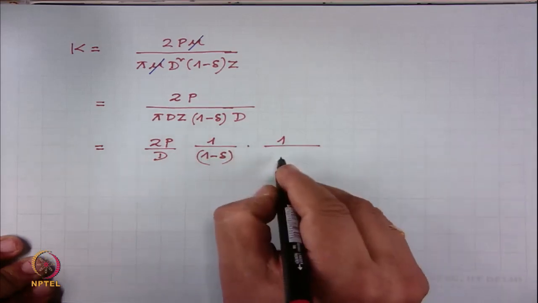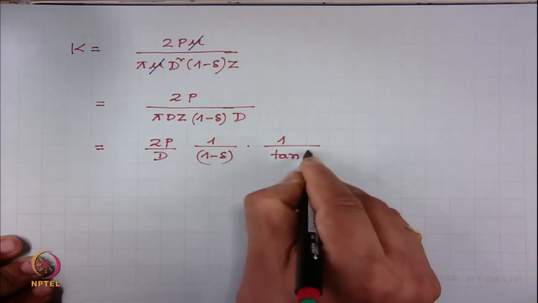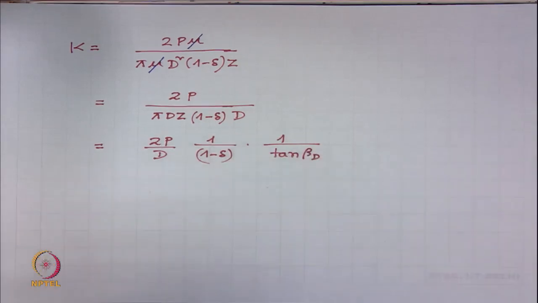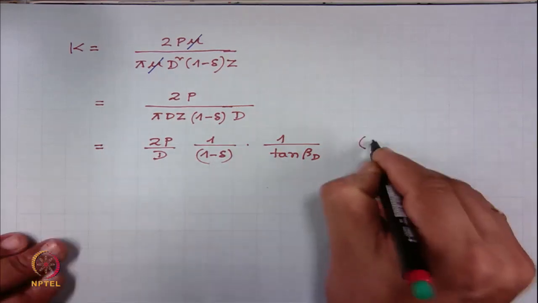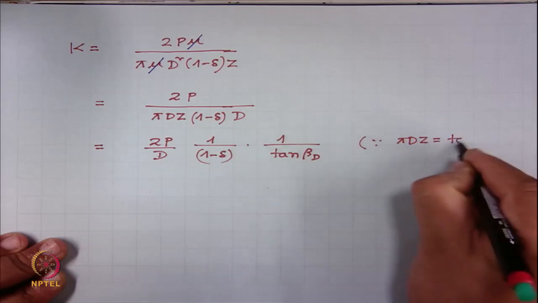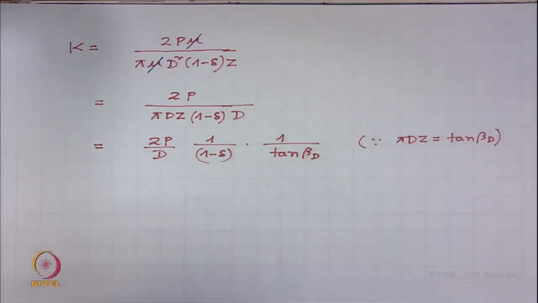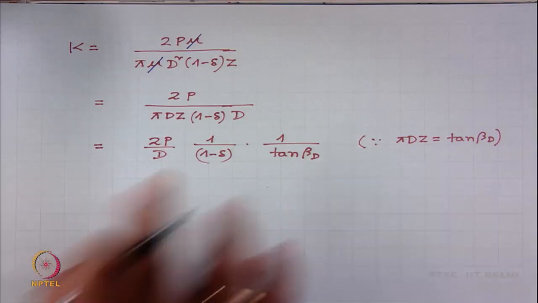Yarn twist intensity, tangent of beta d, from module 2, tangent of beta d. Right. So, this is what is K.